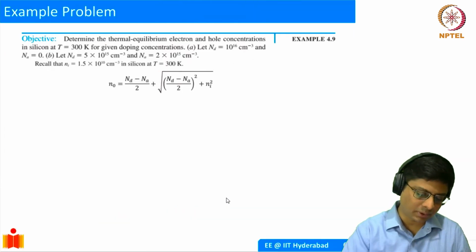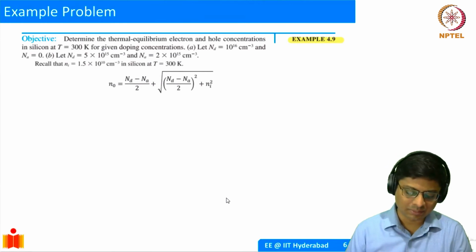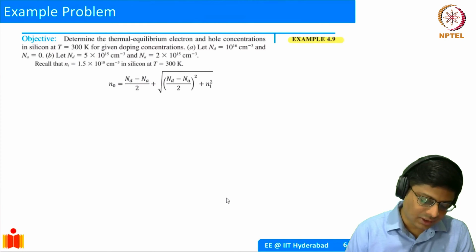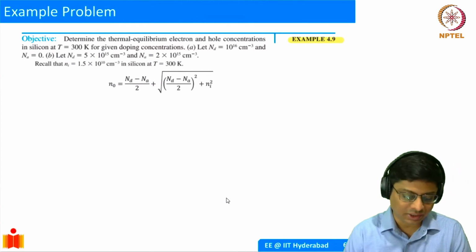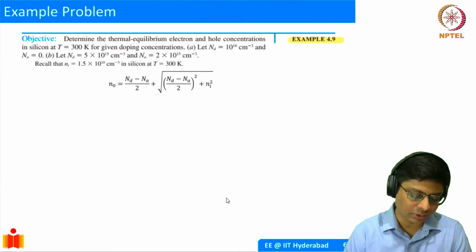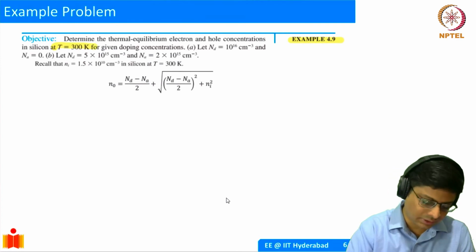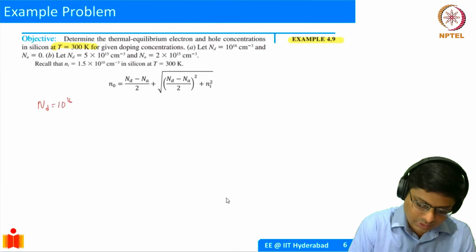So we have a problem here. This is from an example problem. Please go back and verify that if you want to make sure that you get it right. So what I'm asking here is, determine the thermal equilibrium electron and hole concentrations in silicon at T equal to 300. Okay, it's only at a certain temperature. And given that there is some doping, let's take case 1, Nd equal to 10 power 16, I'm not writing the units, Na equal to 0.